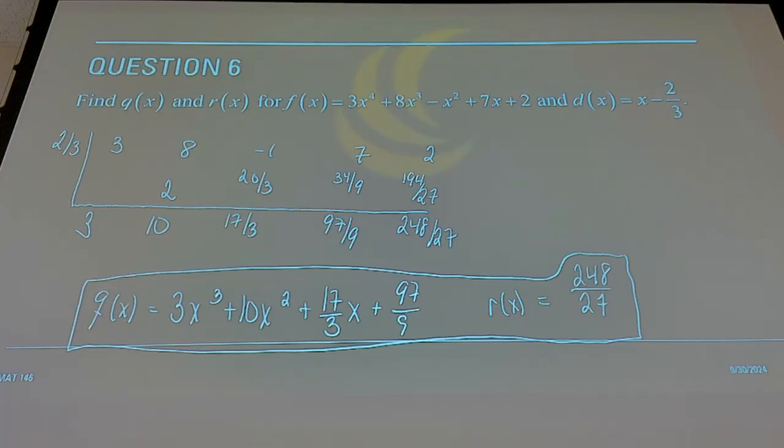Imagine how fun this gets if you have rational coefficients, or even better, irrational coefficients.